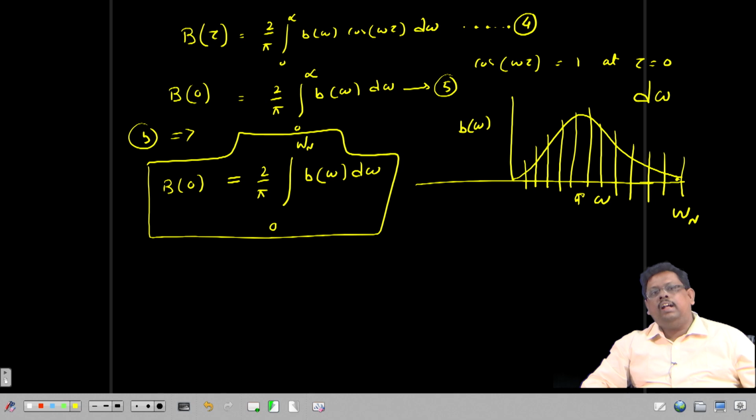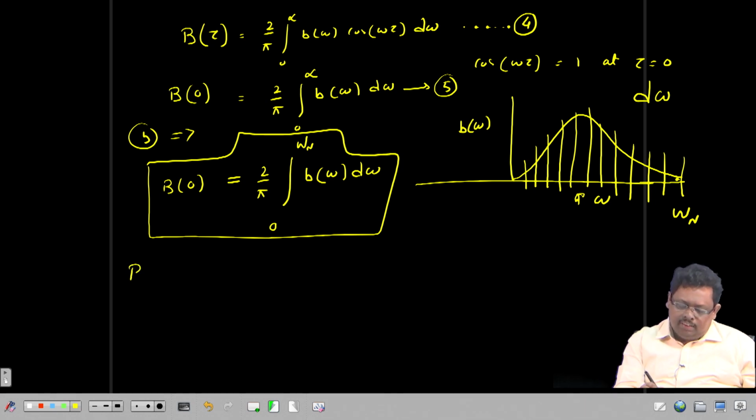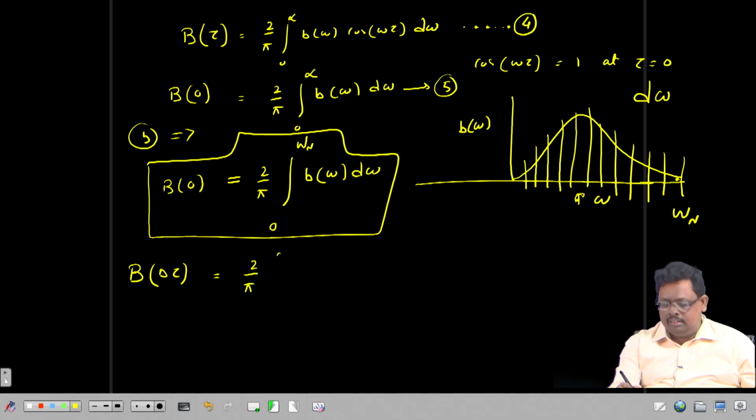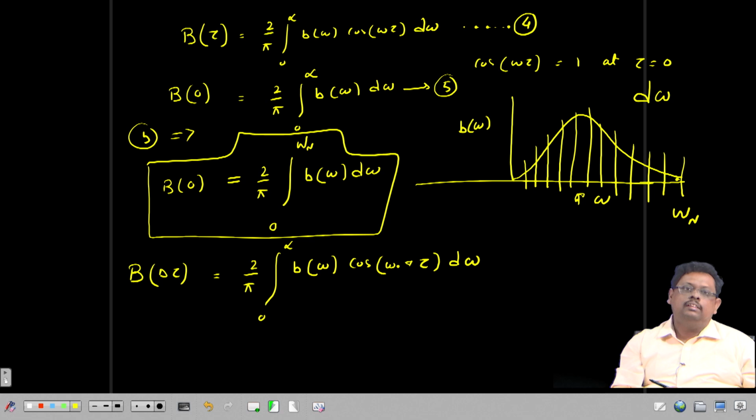Now, what happens for b delta tau? Let us see. If I try to do the same with b delta tau, then what I get is 2 by pi, integral from 0 to infinity of b omega cos of omega into delta tau d omega.